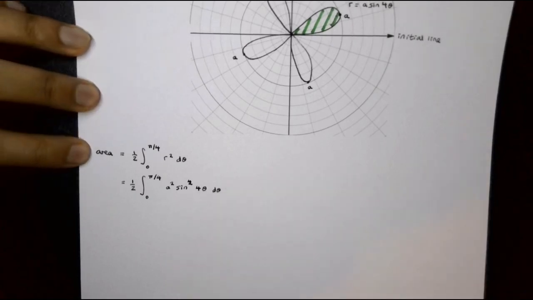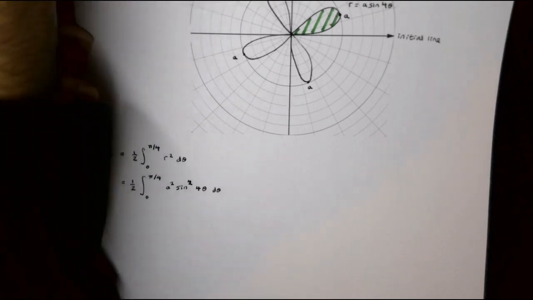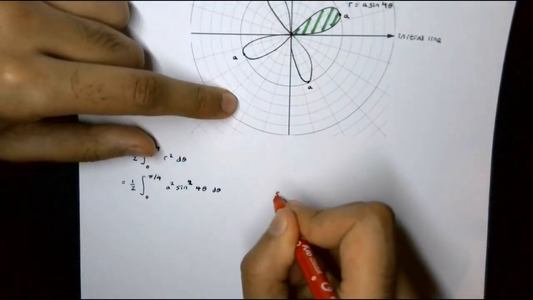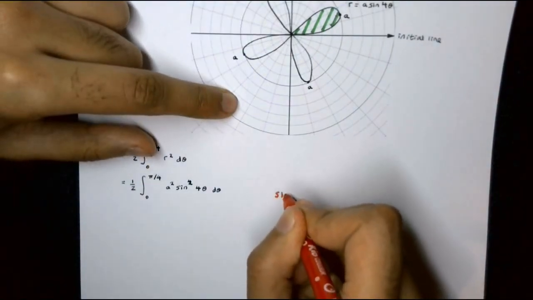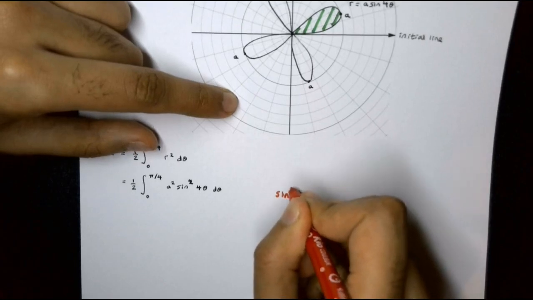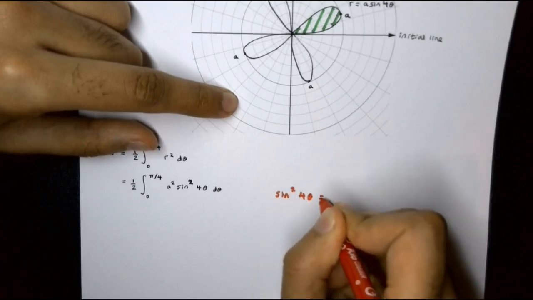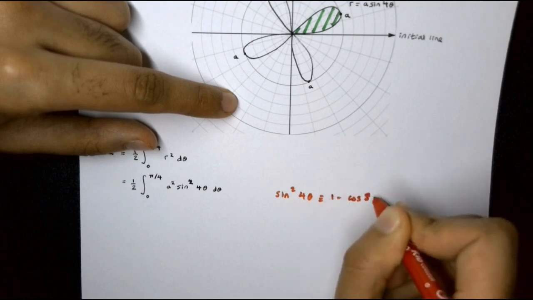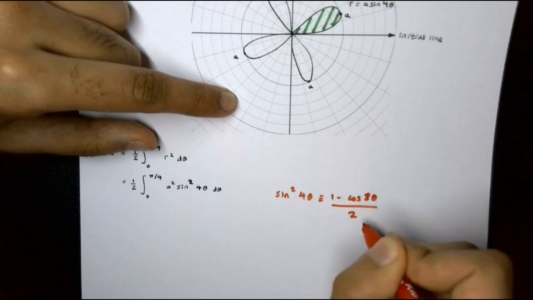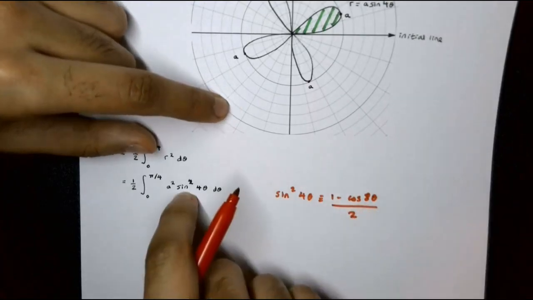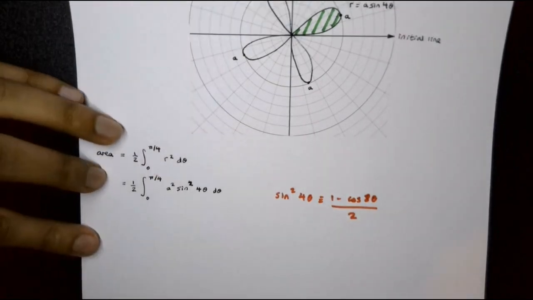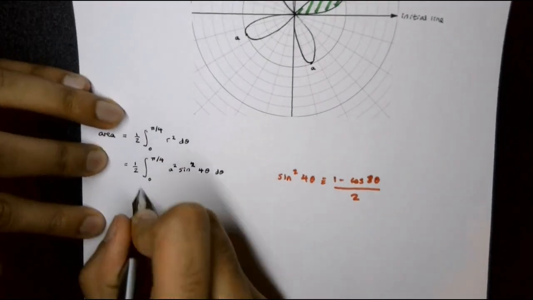Now, if we use one of the trigonometric identities, which we all should be happy with, hopefully, from your regular A-level maths, sine squared 4 theta is equivalent to 1 minus cos of 8 theta all over 2. So we will replace this with what we have over here. Let's first of all take the a squared outside.